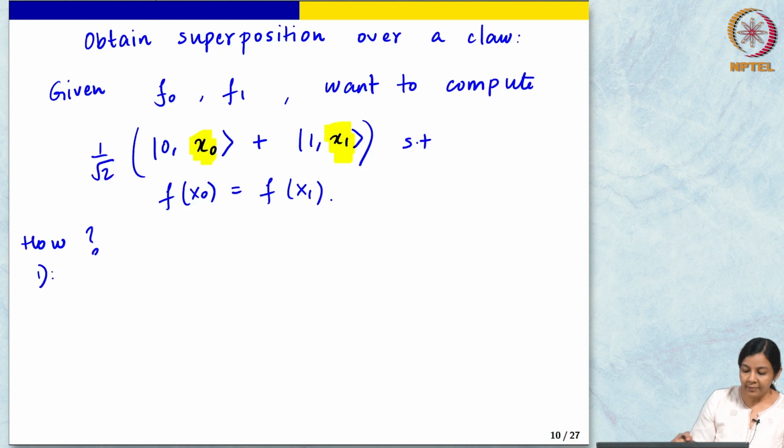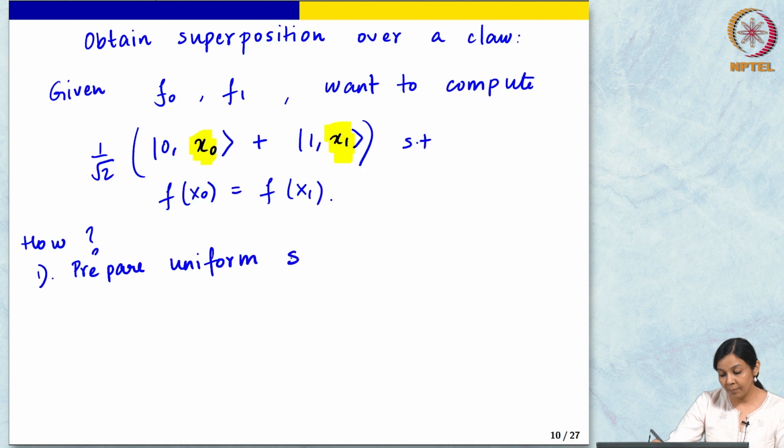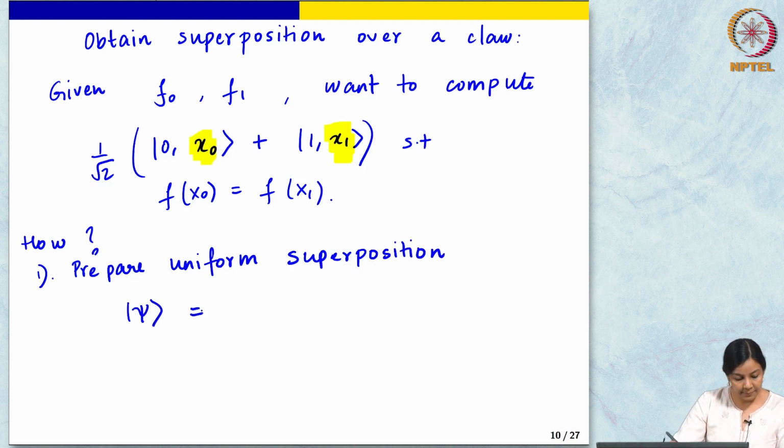First, I prepare a uniform superposition. What is that?